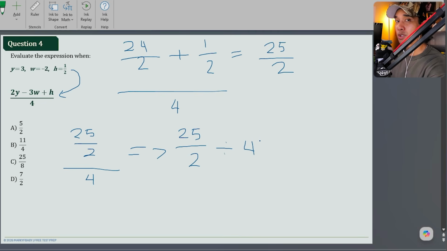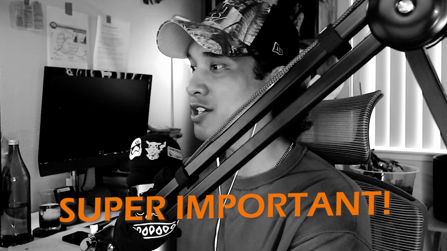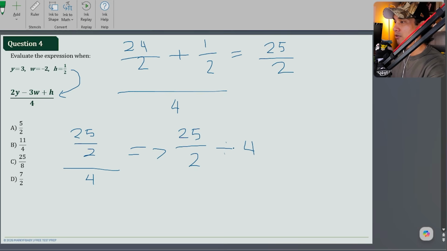Well, you would do keep, change, and flip. So I would keep this 25 over 2. I would change this to multiplication. Let's do it in real time. And then flip, because this is 4 over 1, so I'm going to flip it and change it to 1 over 4. We keep, change, and flip.